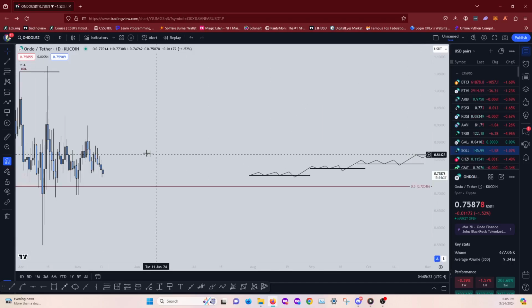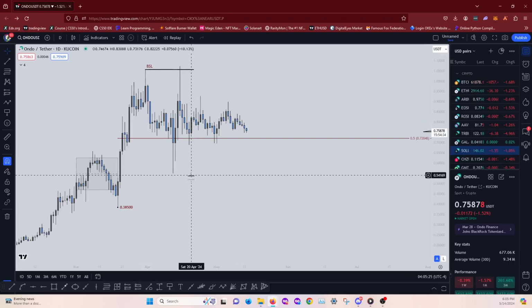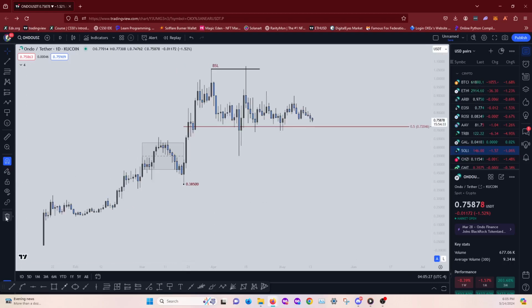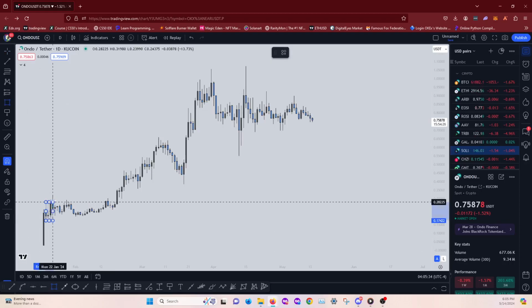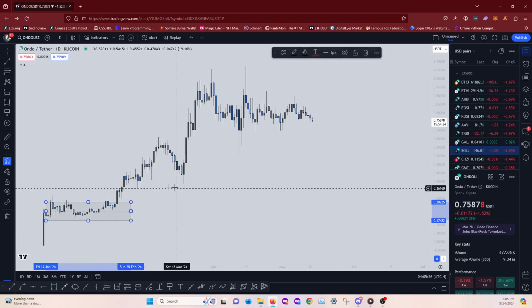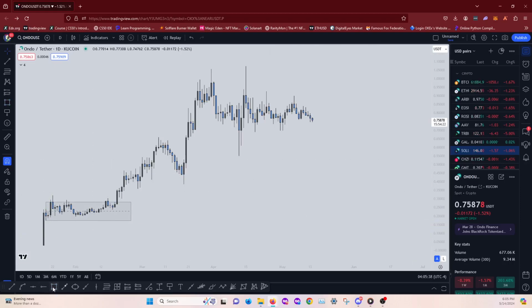So here, we'll look back at the chart. I'll remove all these drawings. So you've got consolidation here, move to the upside. This is the move to the upside, and then you've got further consolidation.